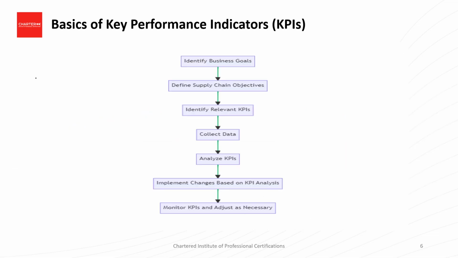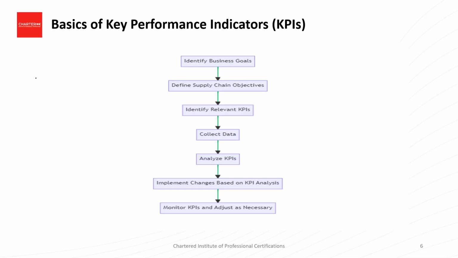Now, it is critical to select the appropriate key performance indicators. The KPIs chosen should be in line with the company's goals and strategic objectives. They must be applicable to the specific industry, function, or project, and actionable, as in they must provide insights that can guide decision making towards the desired outcomes.